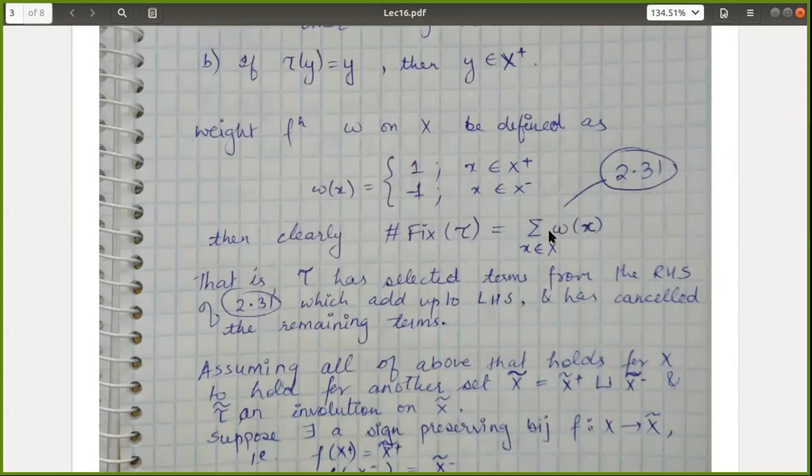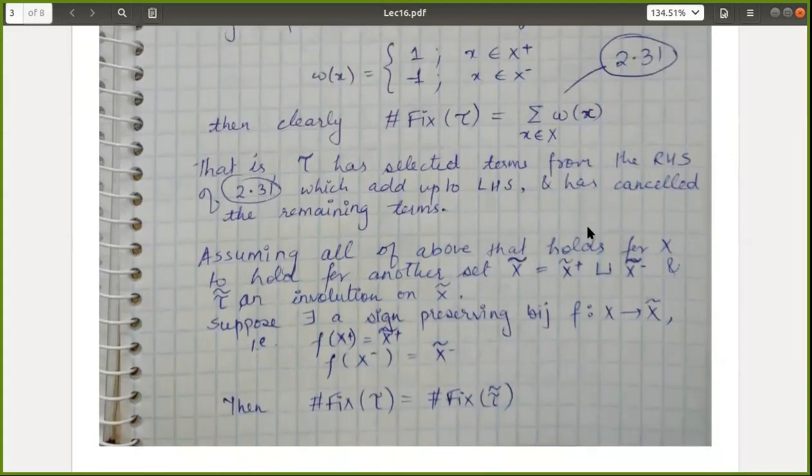So W of X is actually the cardinality of entire X plus minus the cardinality of X minus. You see what is happening? Yes. Ridwan, is this clear? Yes, ma'am. Okay.